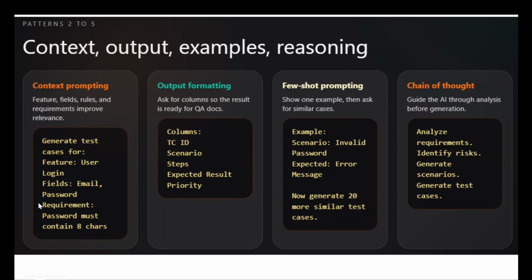This is called additional context which we are providing inside the prompt. It will improve the quality of output. We can also ask for specific output formatting. For example, if you want test case columns like test case ID, scenario, steps, expected result, and priority, that also we can provide inside the prompt.